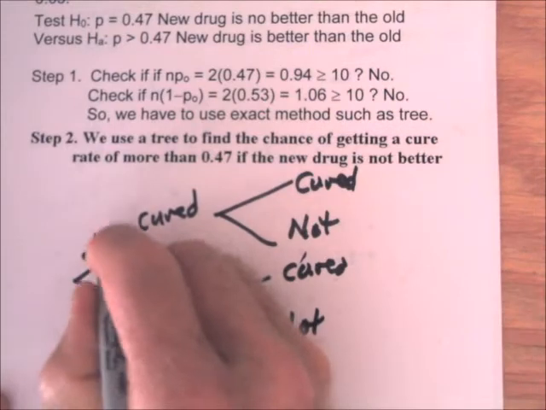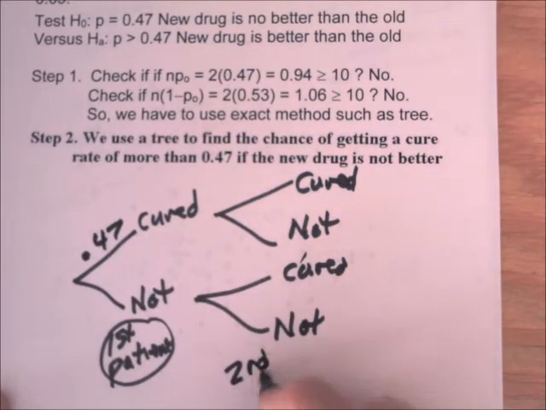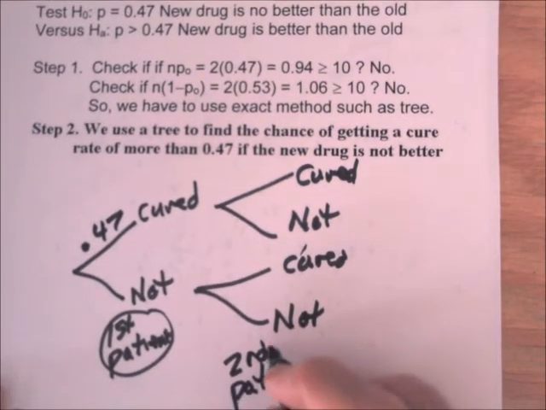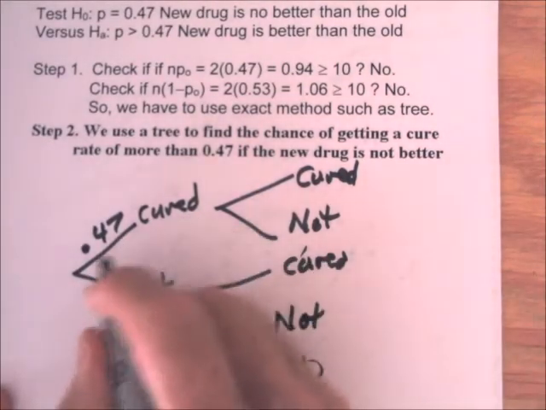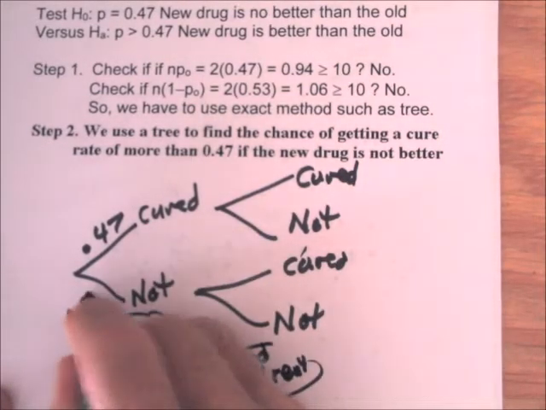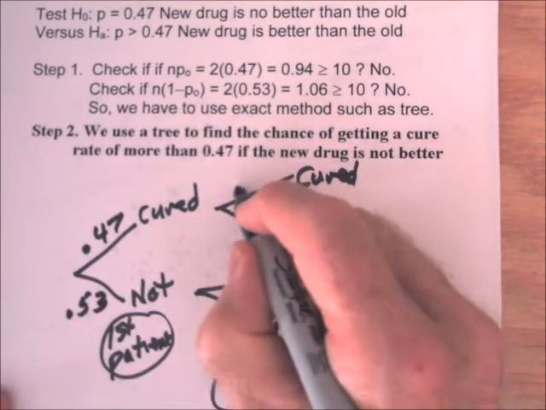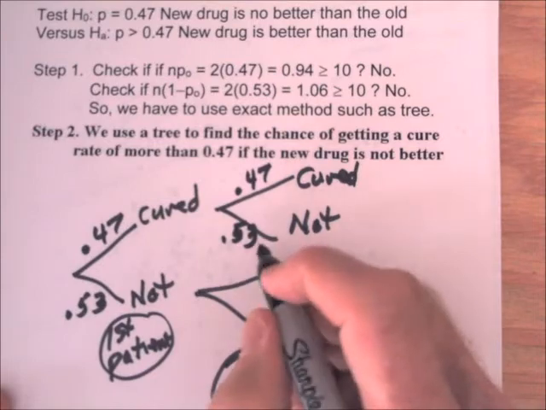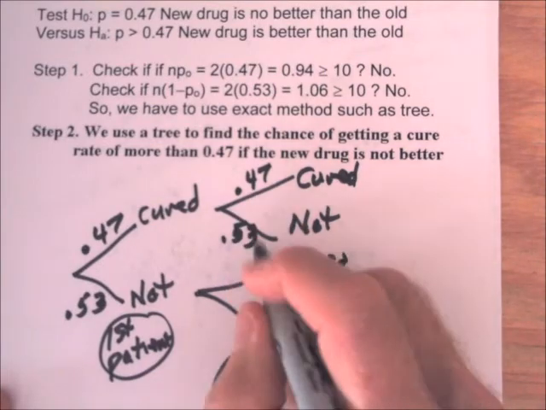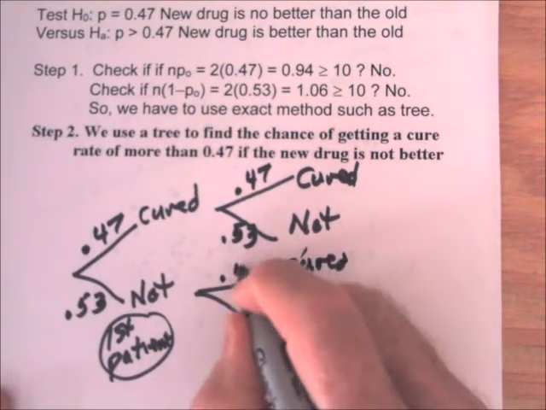Each patient has a 0.47 chance of being cured if H naught is true, if the new drug is no better than the old, and a 0.53 chance of not being cured. 1 minus 0.47 is 0.53.